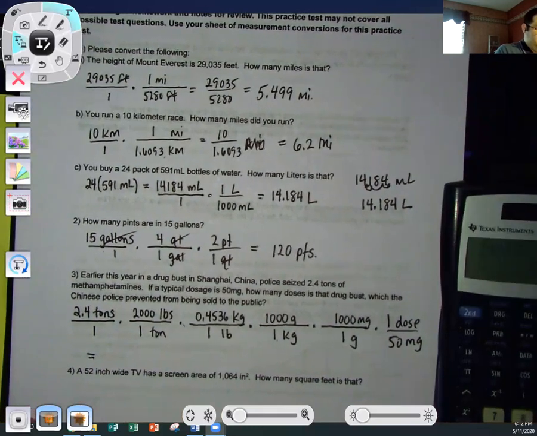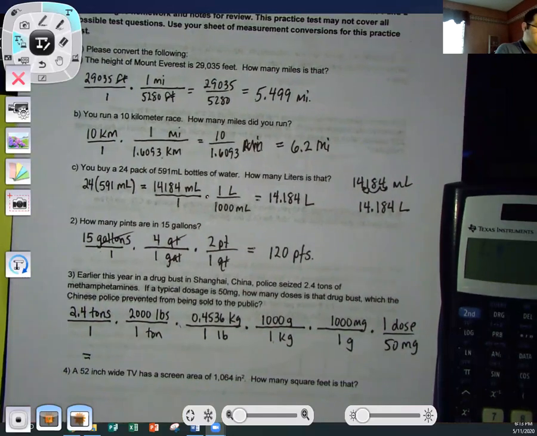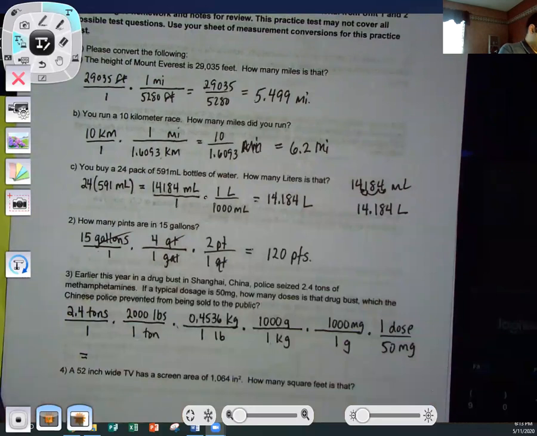So when I multiply straight across, we end up with 2.4 times 2,000 times 0.4536 times 1,000 times 1,000 divided by 50.